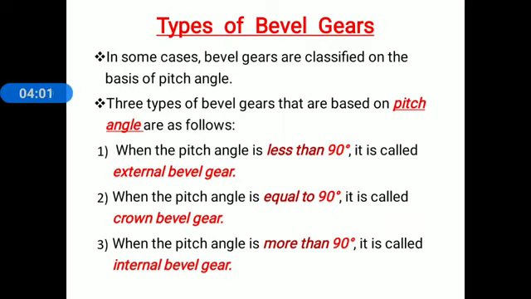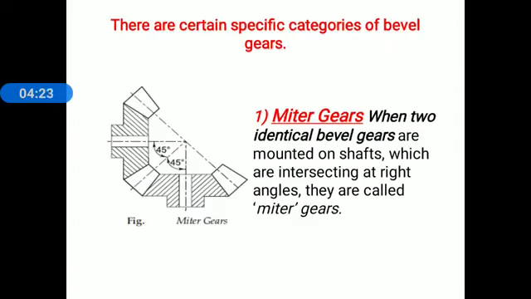If the pitch angle is less than 90 degrees, external bevel gear; equal to 90 degrees, crown bevel gear; and greater than 90 degrees, internal bevel gear. A one mark question is asked on this in MCQ, multiple choice questions, in examinations.